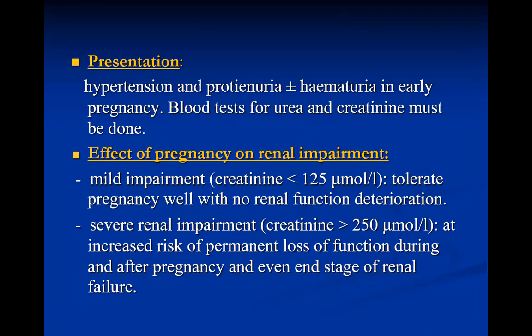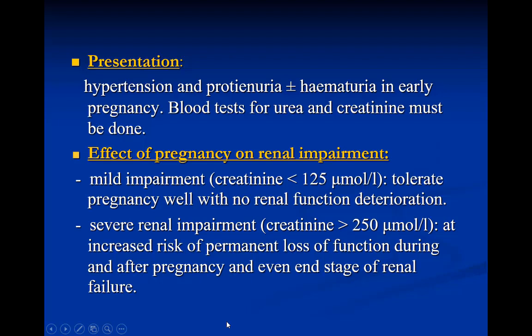The presentation: they present with hypertension, proteinuria, plus or minus hematuria in early pregnancy. Blood tests for urea and creatinine must be done in such patients. What is the effect of pregnancy on renal impairment? Mild impairment, when the creatinine level is less than 125 micromol per liter, tolerates pregnancy well with no renal function deterioration.